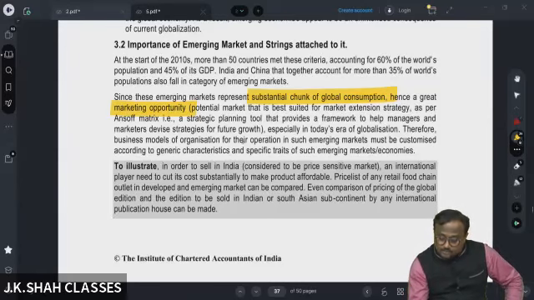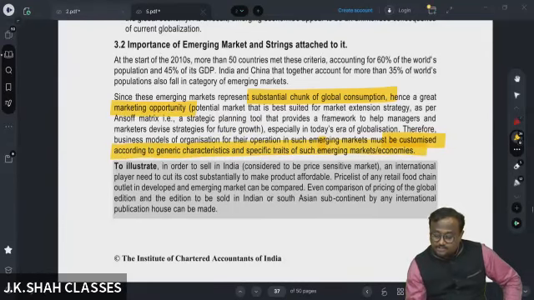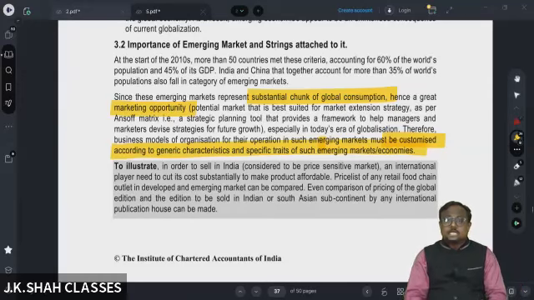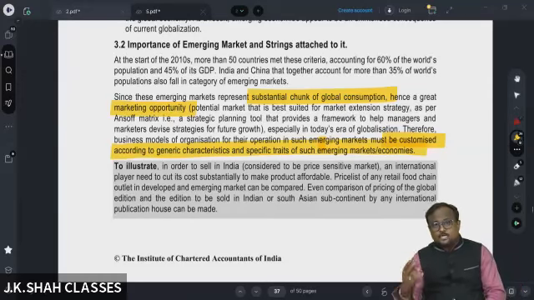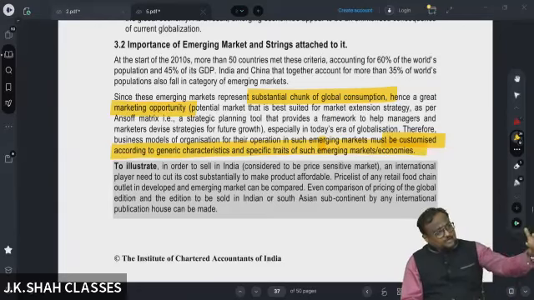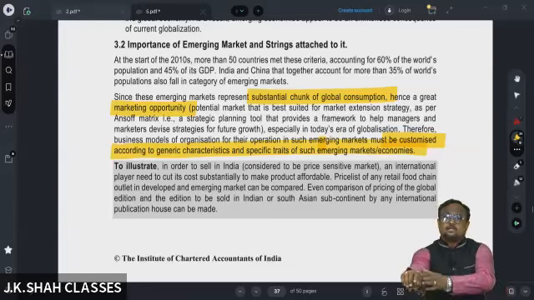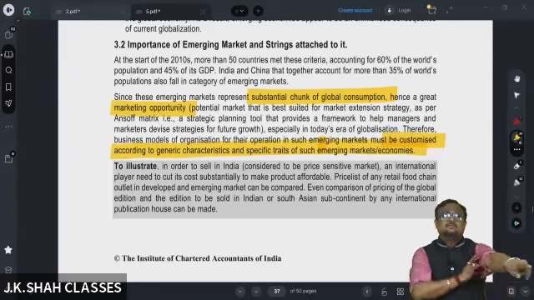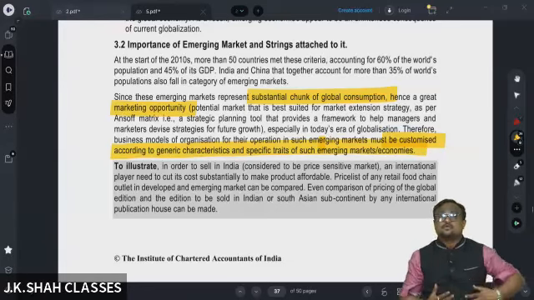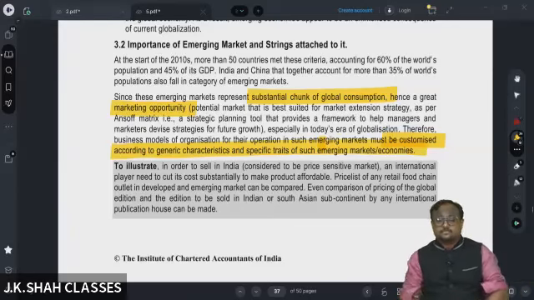So business models for their operation in such emerging markets must be customized according to general characteristics and specific traits of emerging markets and economies. See, कैसा होता है? If you are selling your product in some other country, or if some other country is selling a product in your country, you're basically exposed to a different customer base.